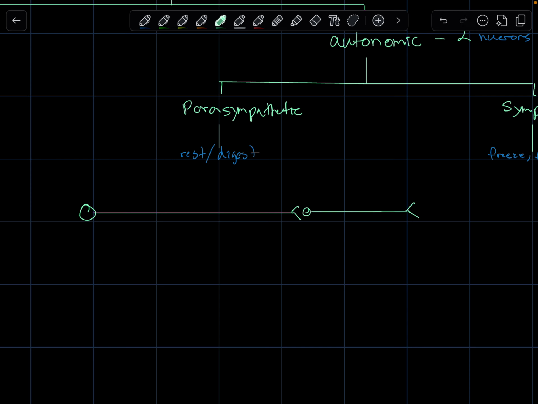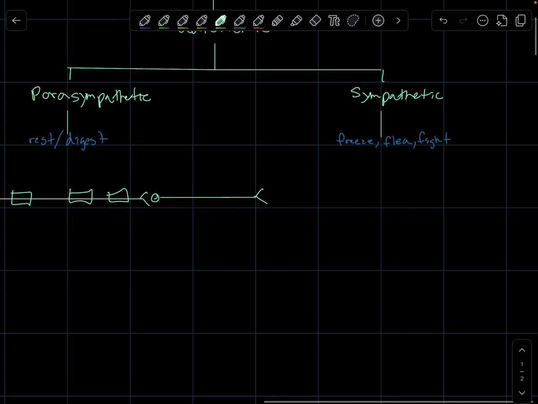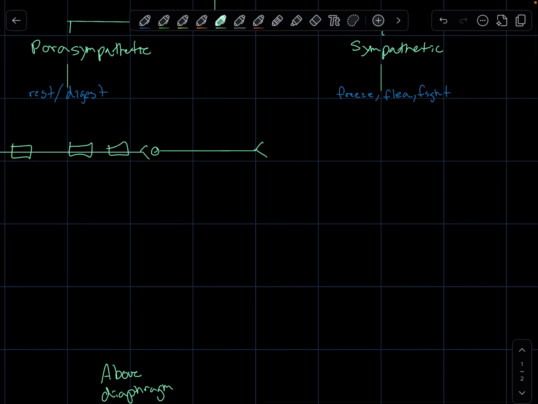Okay, and the reason for that is because it directly innervates the organ. Now, we need to remember that the presynaptic is always going to be myelinated. Okay, and that goes the same thing for the sympathetic.